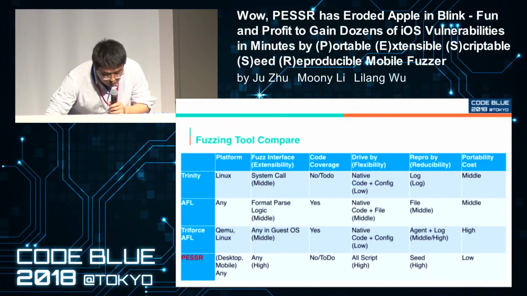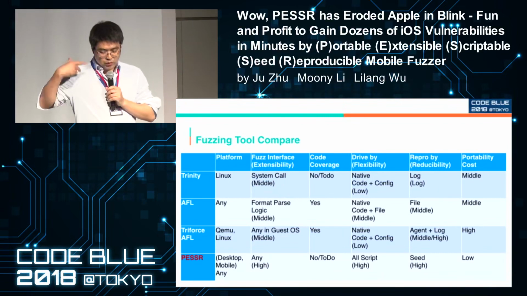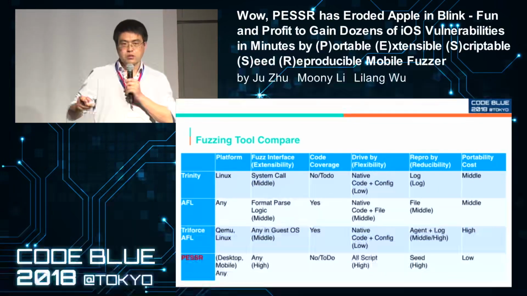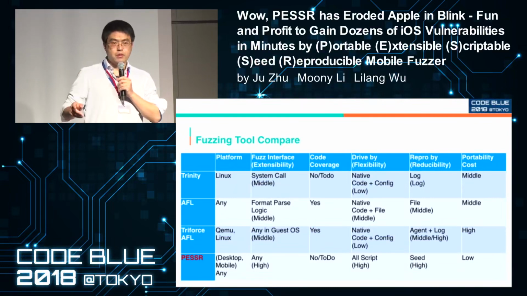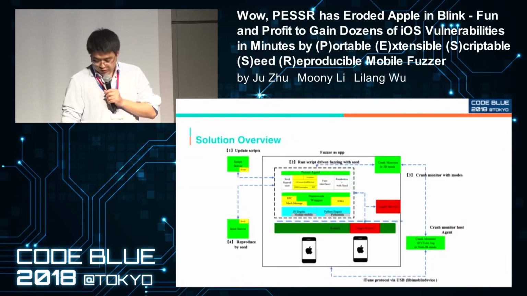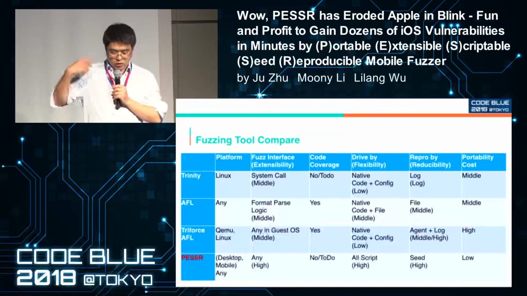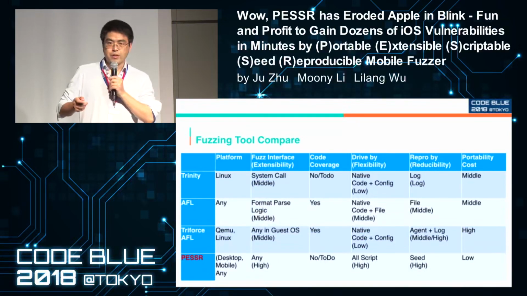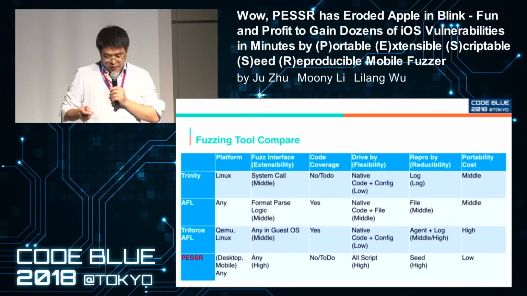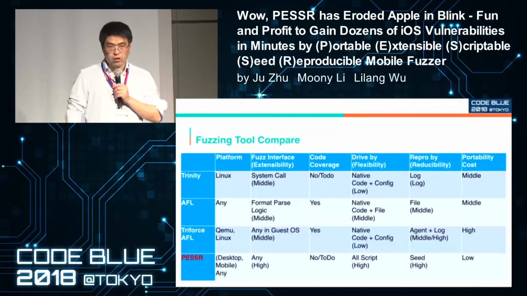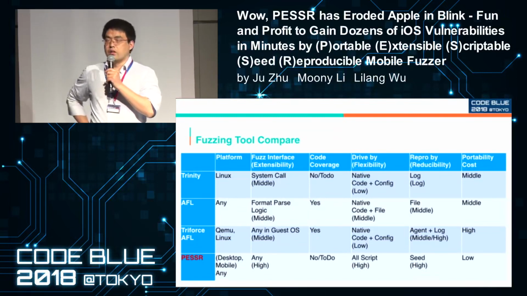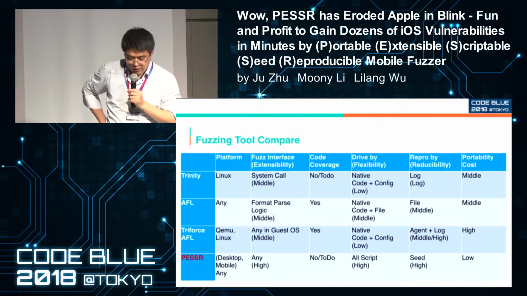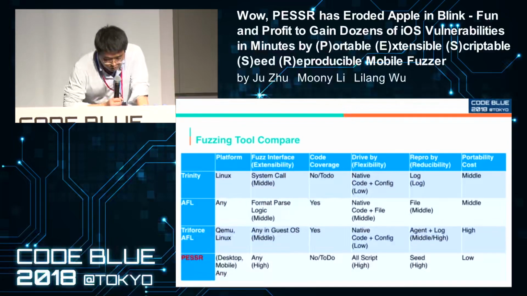the left one is Trinity, which is the open source syscall fuzzer in the user mode, and the AFL, the famous code coverage based fuzzing system, and also Triforce, as well as another kind of code coverage based fuzzing system towards the kernel.